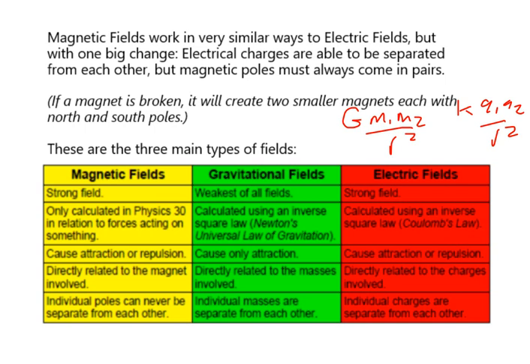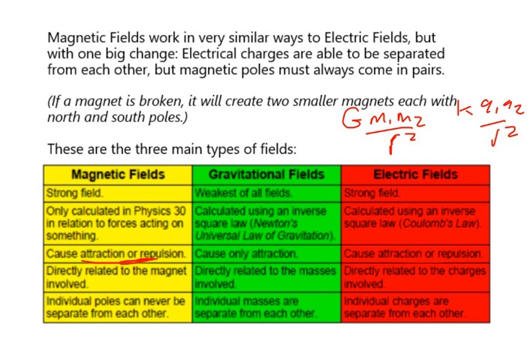They're fairly straightforward, but we don't actually do a lot of calculating magnetic fields. So don't stress over that one there. But for these 2 you should know that it's all about something being squared in relation to distance. These guys can both attract and repel because you have positives and negatives, or you have north and south. But gravity is only ever attraction.